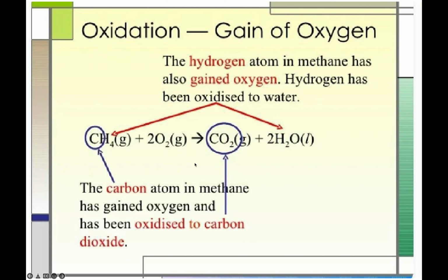See, here we have one equation, methane plus oxygen giving carbon dioxide and water. Here the hydrogen atom in methane is gaining oxygen, and hydrogen gets oxidized to water, whereas the carbon atom in methane is gaining oxygen and is oxidized to carbon dioxide. Now I think you understood well the explanation of this equation.